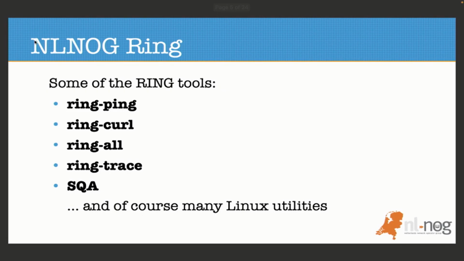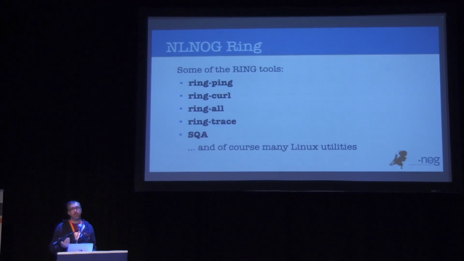There are all sorts of tools we have available for that, like ring ping, which is a tool to do a ping from many networks to a specific destination. Ring curl, which does a retrieval of a specific URL. Ring all, which basically allows you to do anything on a lot of nodes.